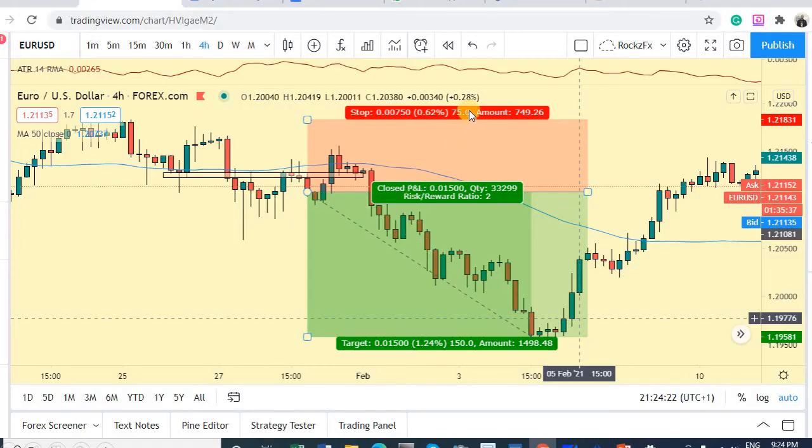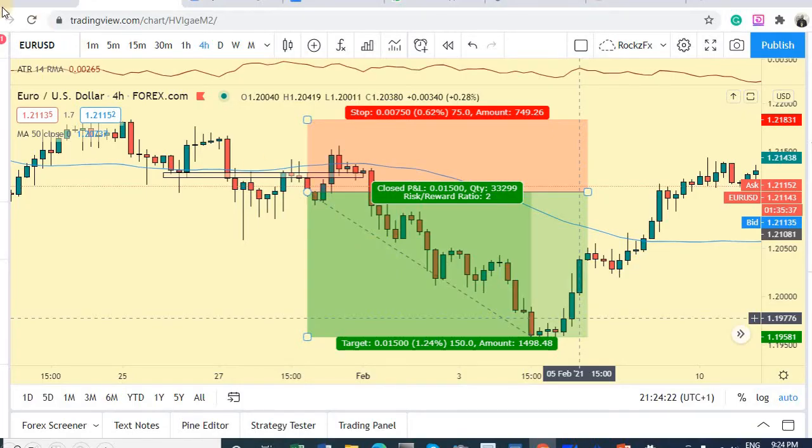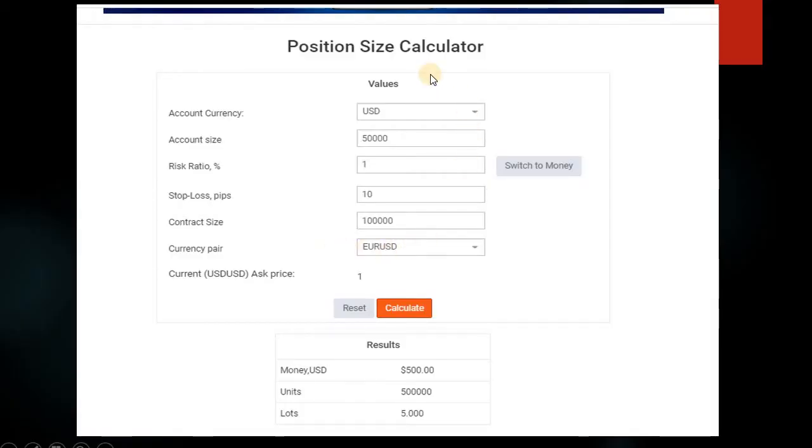But if we were to use this, our stop loss pips would have been 75. But don't worry, it's just for illustration purpose. Contract size is 100,000, and the currency pair we are treating is EURUSD. So after inputting all these values, you click calculate, and the results will be displayed below.